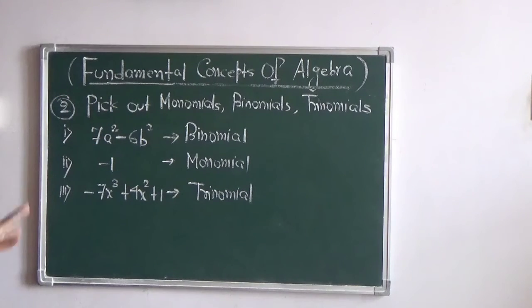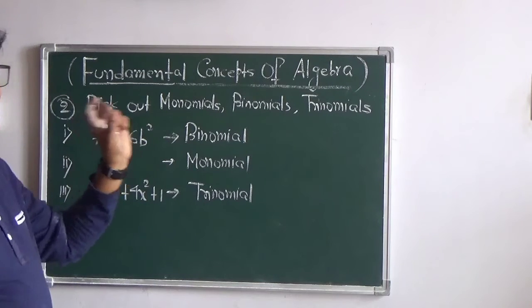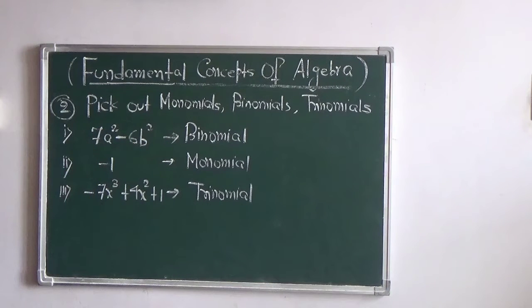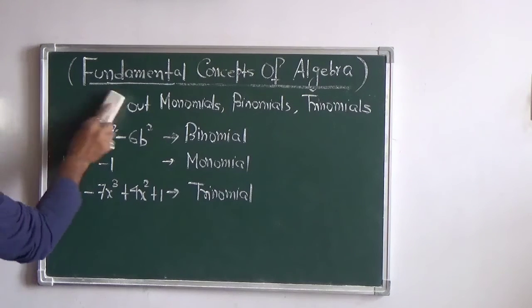So this way you can find out which is a monomial, which is a binomial, which is a trinomial, according to the number of terms present in the expression. Obviously the terms are separated by a plus or minus. Question number 3 we can take.